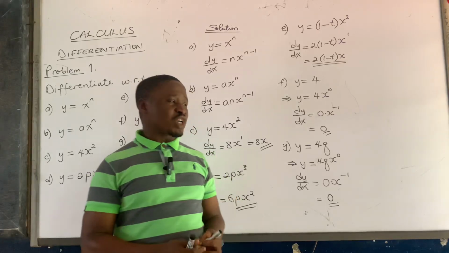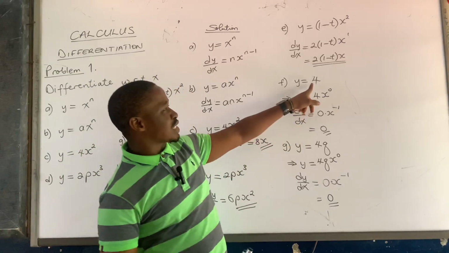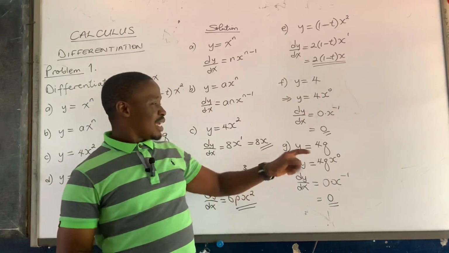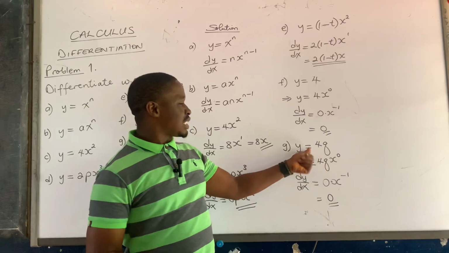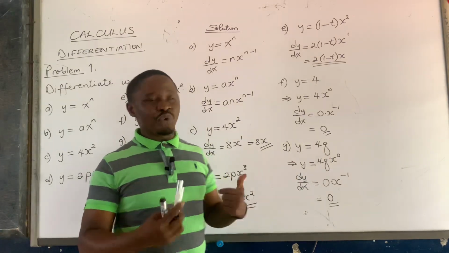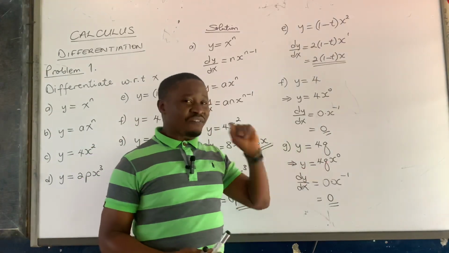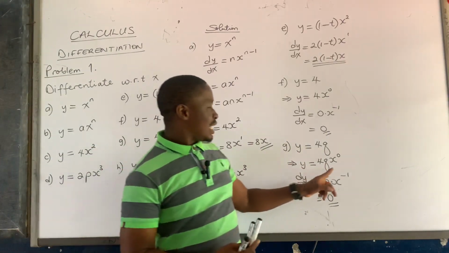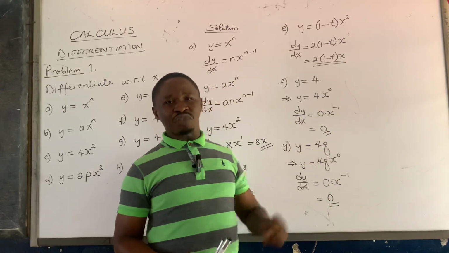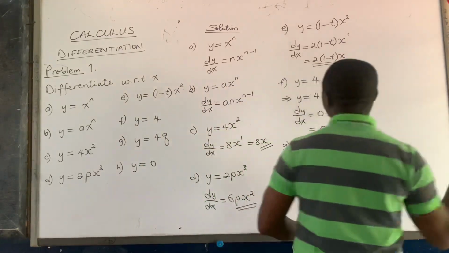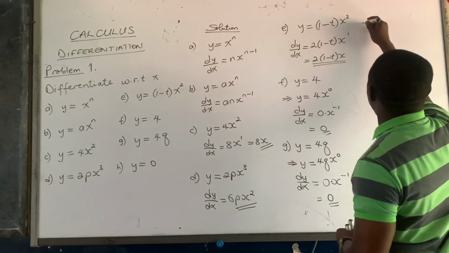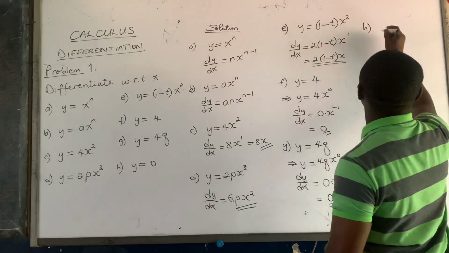Being a constant function doesn't mean that it must stand without a letter. Q is a letter, but this is a function of x. How do we know? We are differentiating with respect to x. So 4q is a function of x, only that the x is there with a power of 0. Okay, so we go to H part of the question.